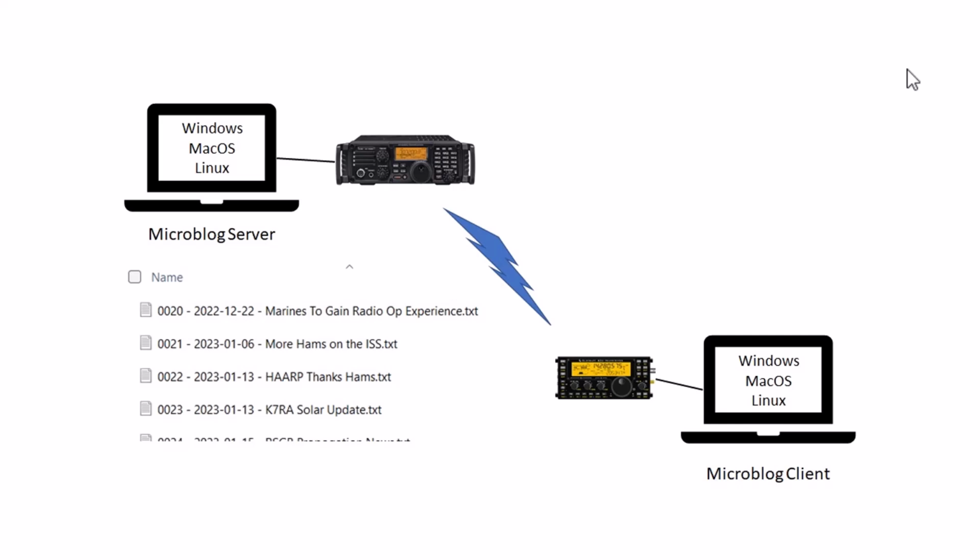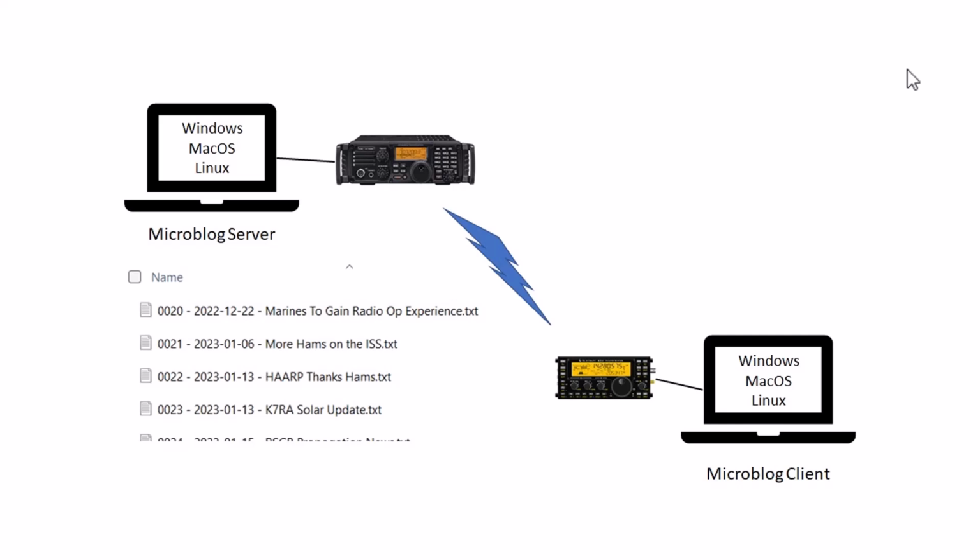Now, just a reminder, for those who are not aware of the whole microblogging concept, what we have is a small server which has text files on it, and those text files contain very short pieces of information, which we'll see in a second when I show you the software working.